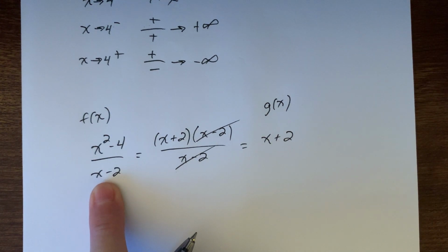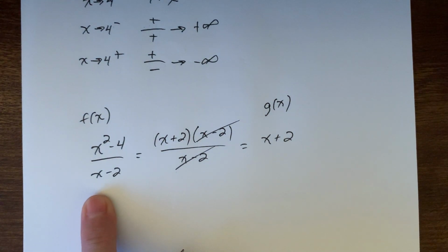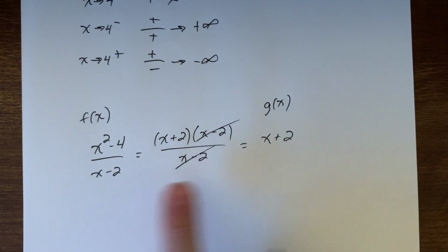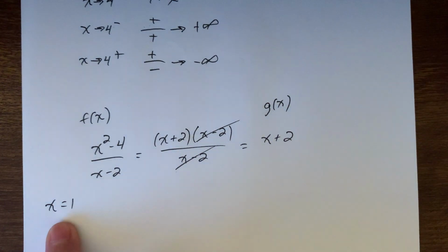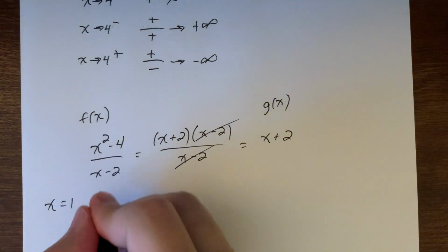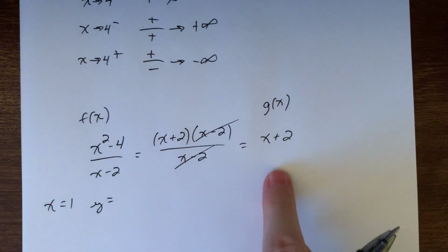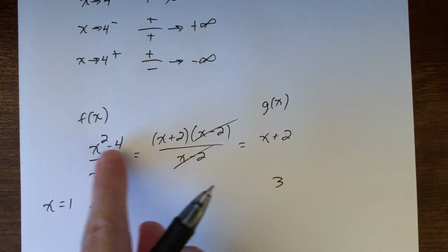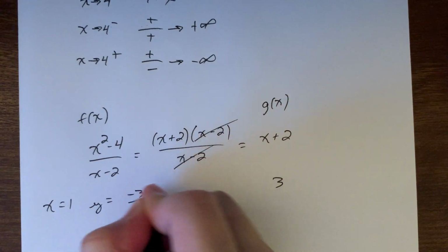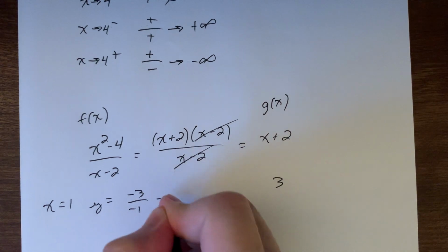There would be something going on in this function f when x equals 2. But everywhere else, they'd be the same. Look what happens when x equals 1. In this one, I'll do it for both, we'll get a y equals. And in this one, well, 1 plus 2 is 3, nice and simple. In this one, 1 squared minus 4 is minus 3, over 1 minus 2 is minus 1.